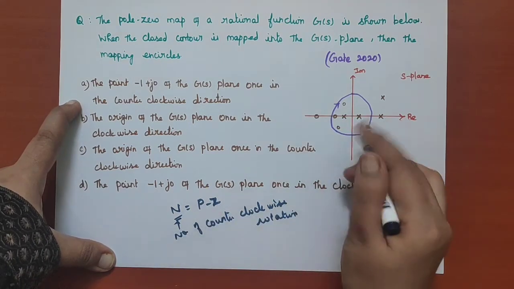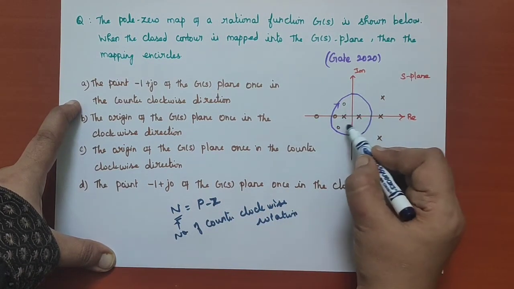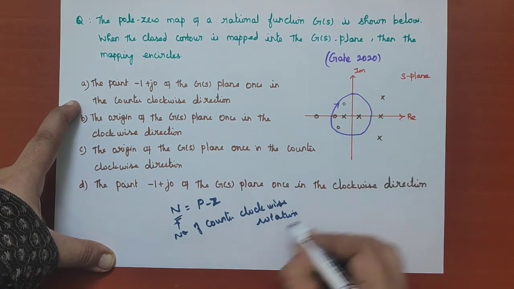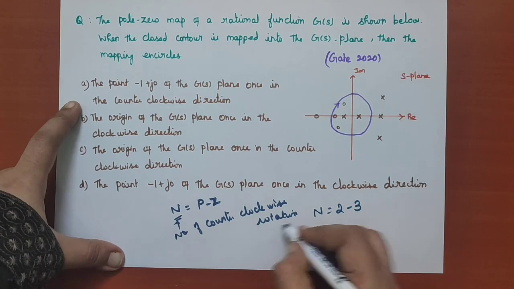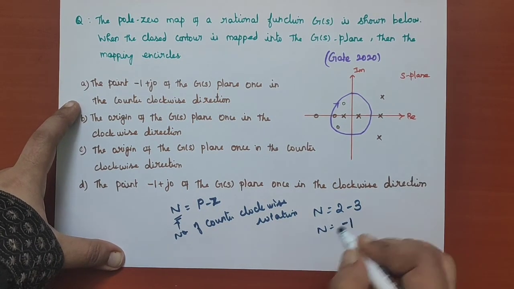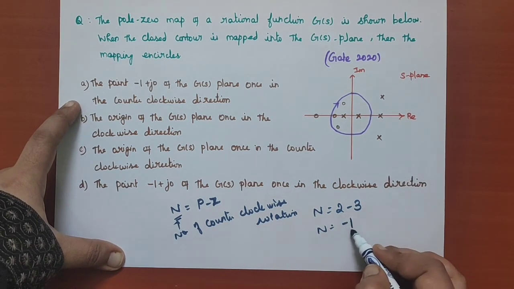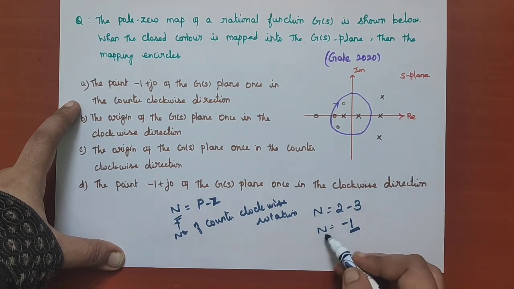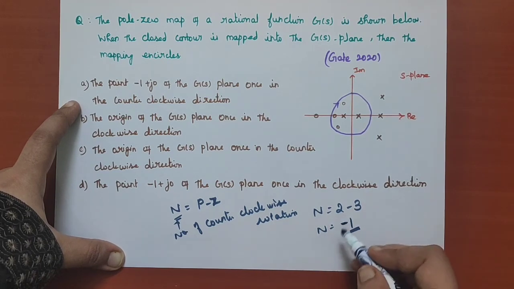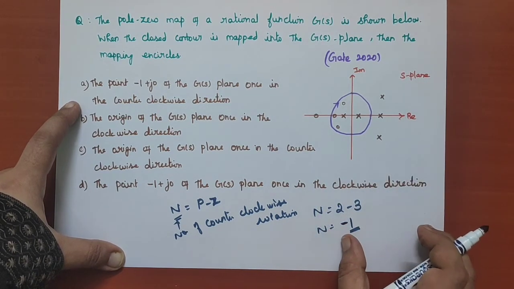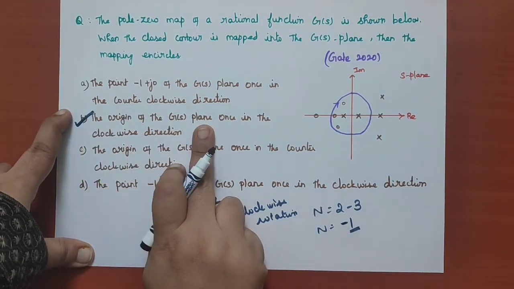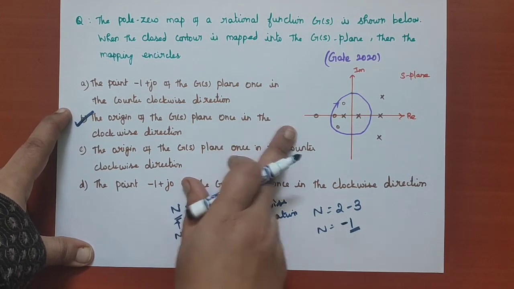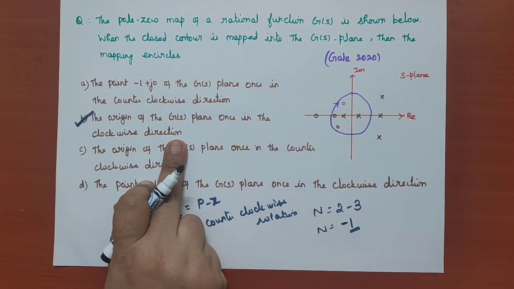When you substitute poles equal to 2 and zeros equal to 3, N will be equal to 2 minus 3, so N will be equal to minus 1. Minus 1 means it is 1 rotation, but the minus represents that it is rotating in the clockwise direction. So the answer is the origin of the G of s plane once in the clockwise rotation.